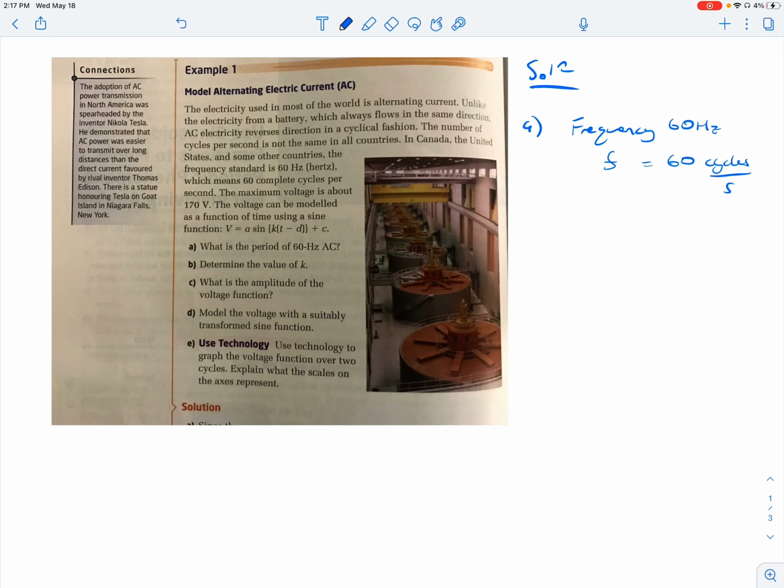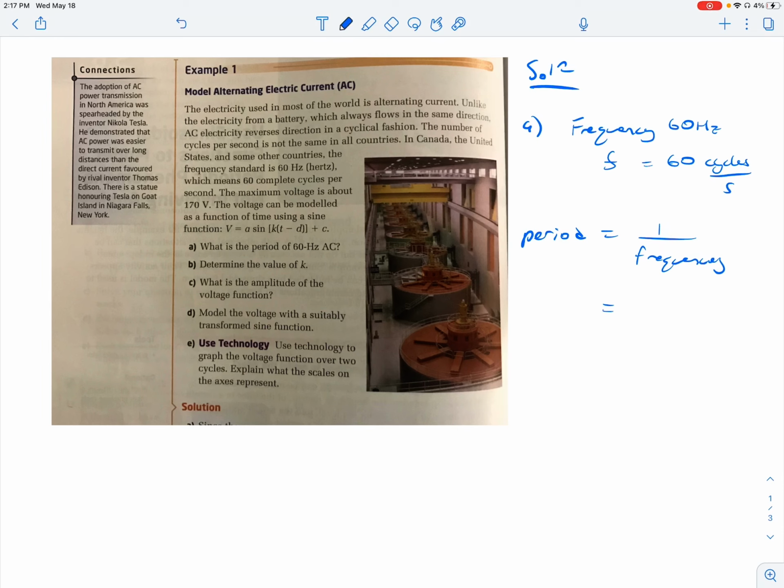So f would be 60 cycles per second. Period is related to the frequency. Period is actually the reciprocal of frequency. So frequency tells us the number of cycles per second, while the period tells us the time for one cycle.